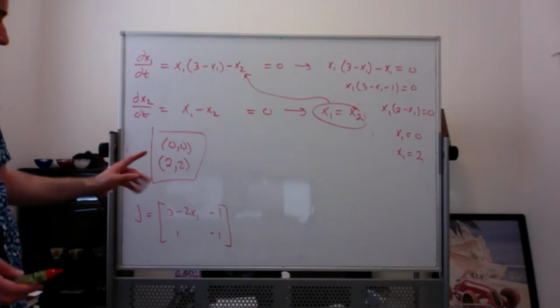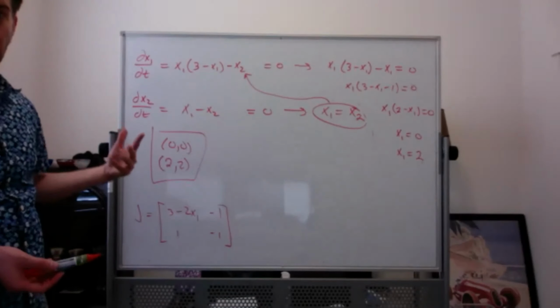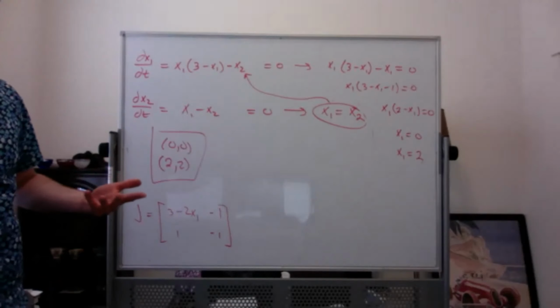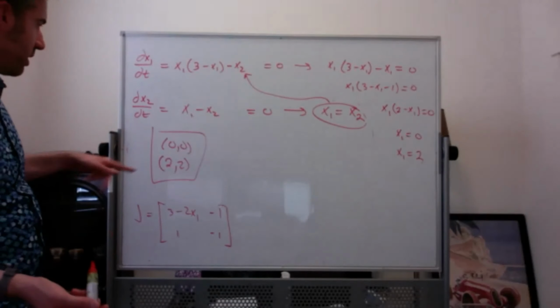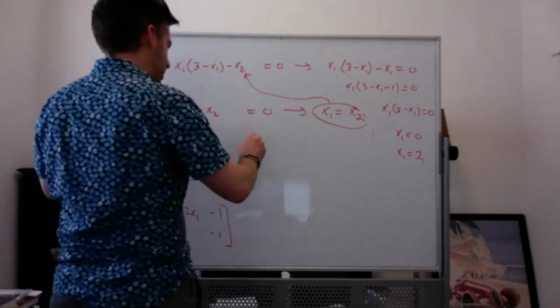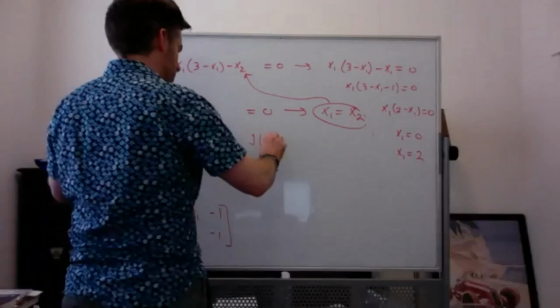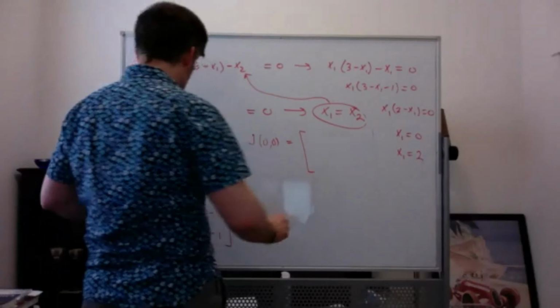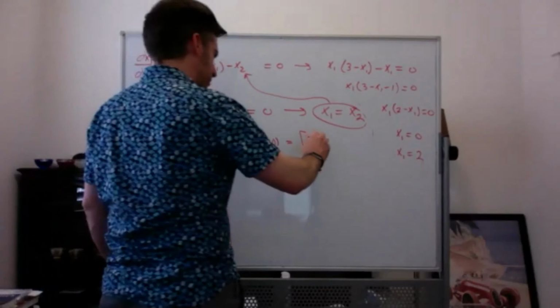What we're going to do is plug in our different equilibria to see what the system of equations would look like linearized around that point. So let's plug in 0, 0. I plug in 0, 0, and I'm getting 3, negative 1, 1, negative 1.